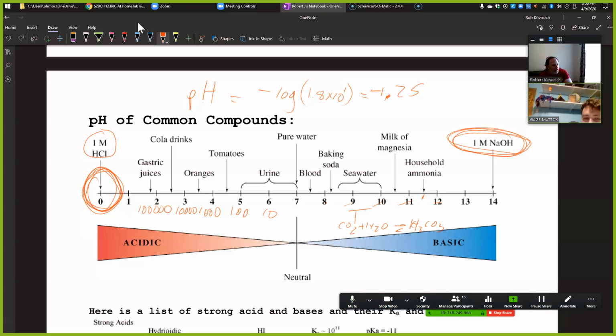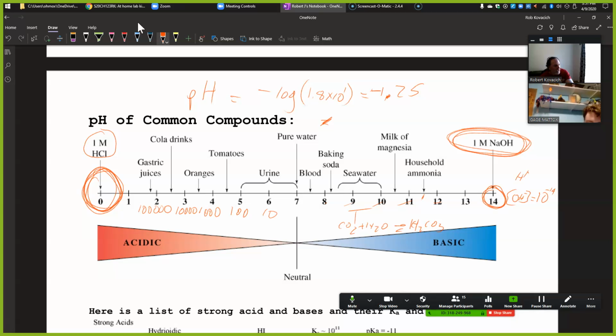What if my pH is equal to, let's say, okay, first off, let's start here. What's the OH minus concentration here? 10 to the negative 14th.